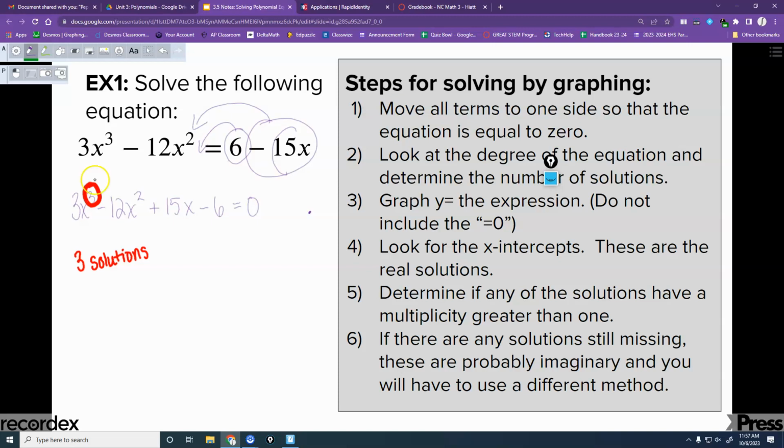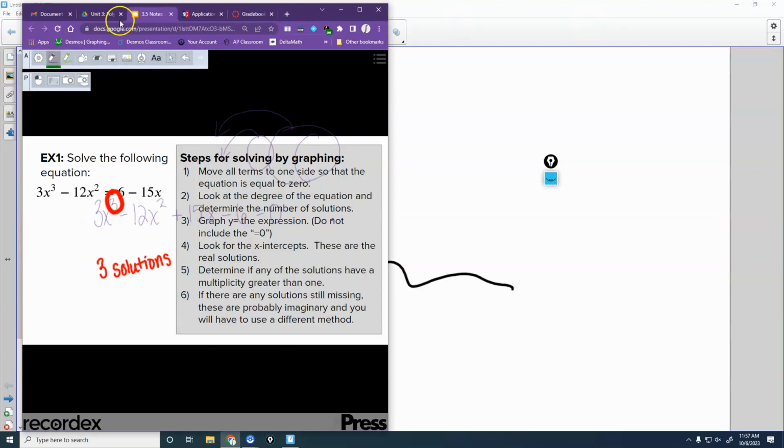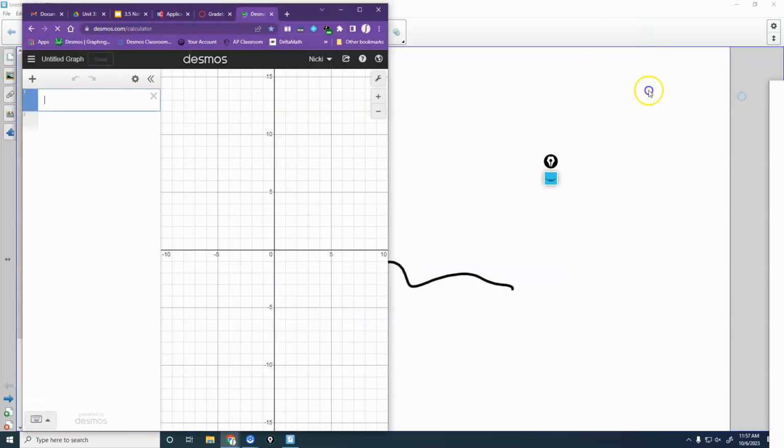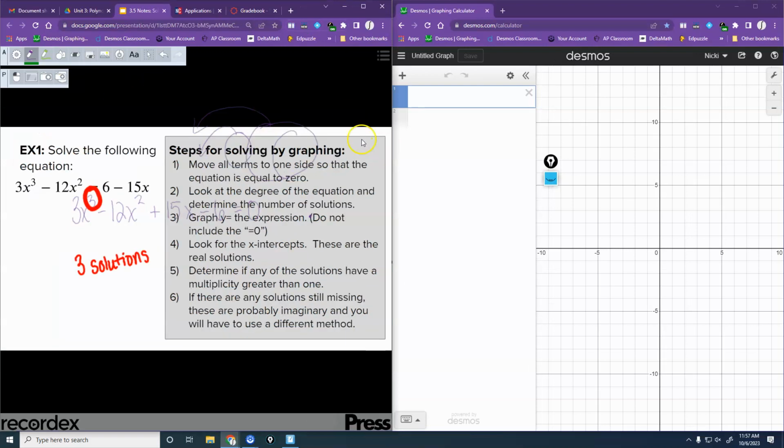Okay? So if we pull up Desmos to look at this, you want to graph y equals 3x to the third minus 12x to the second plus 15x minus 6.